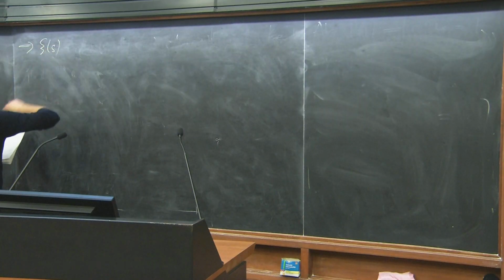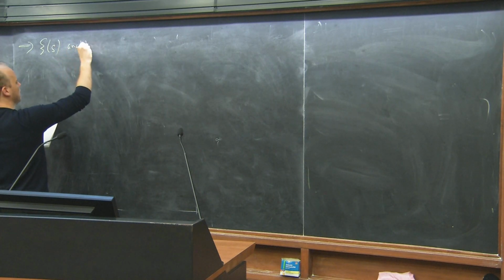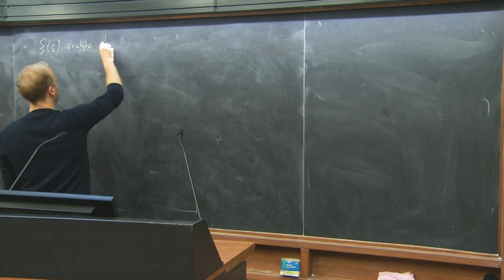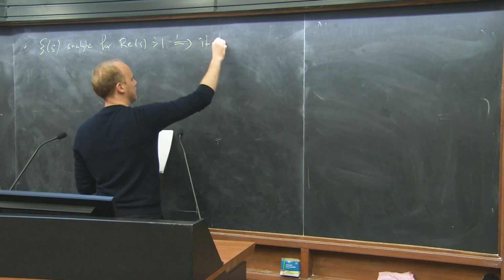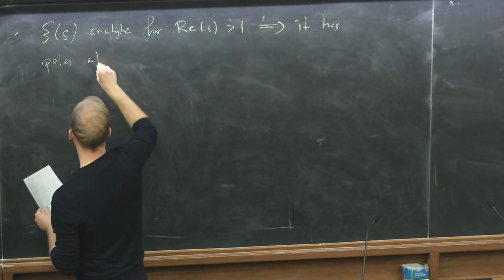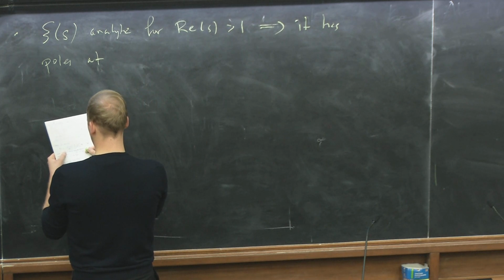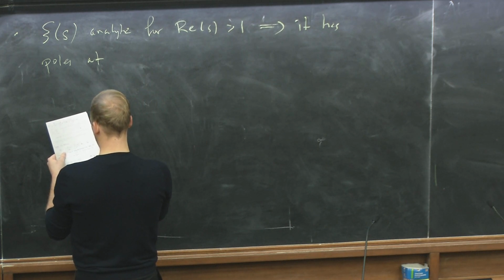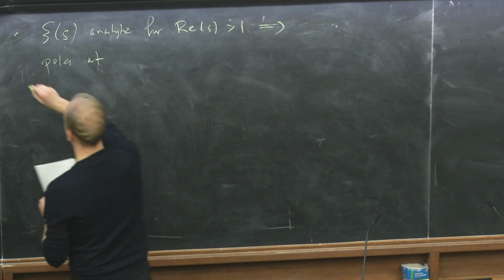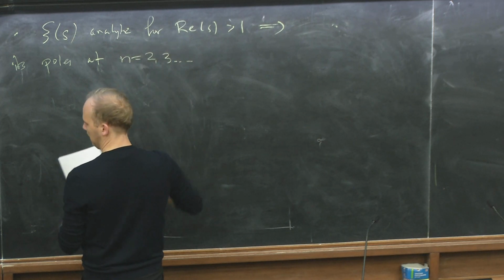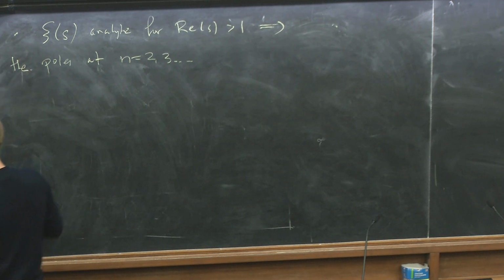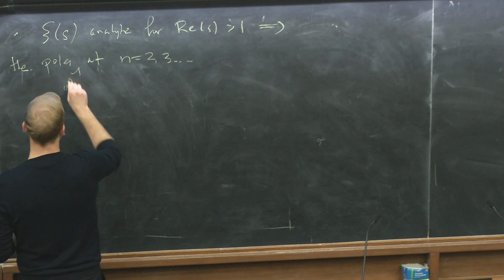Okay, so the conclusion is that this zeta function is analytic for real part of s greater than 1, which implies something about the poles of gamma of, yeah, so this is what I want to say, sorry.